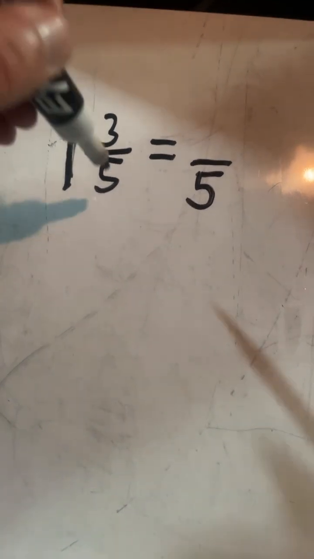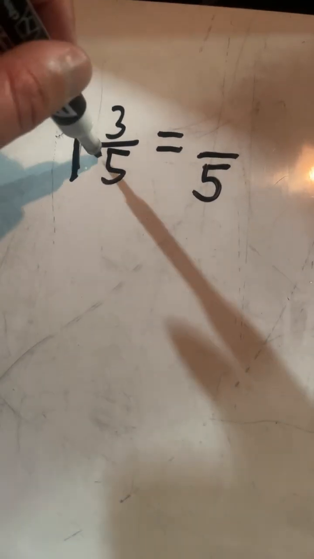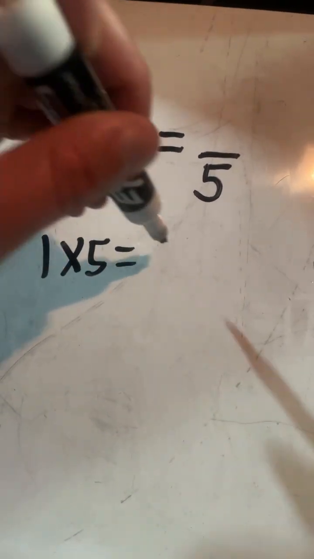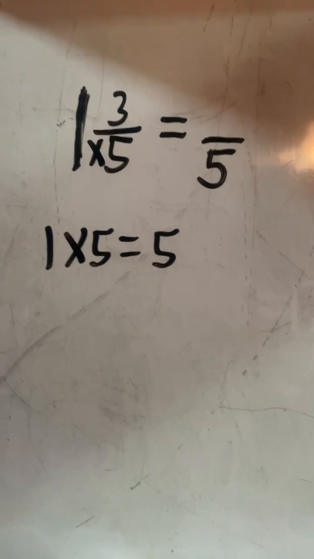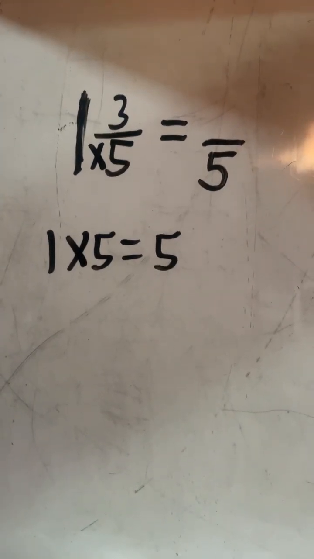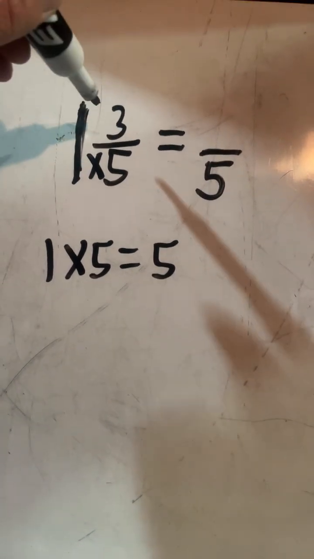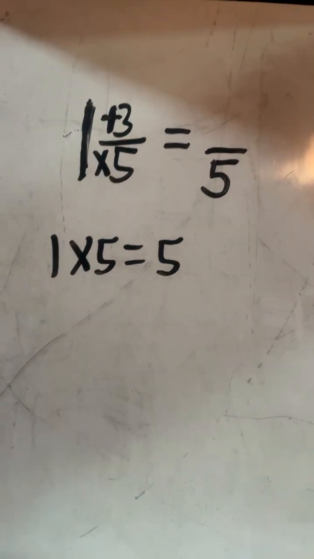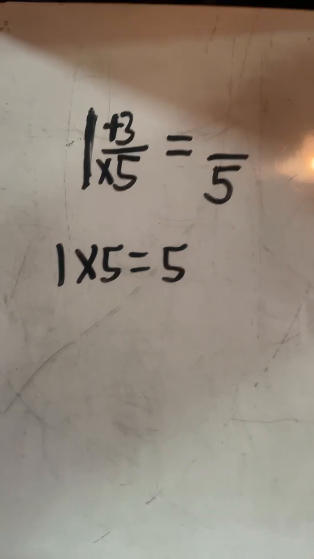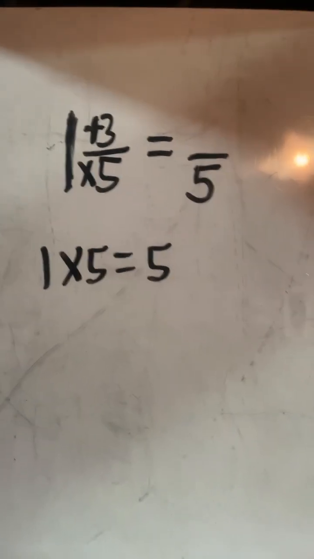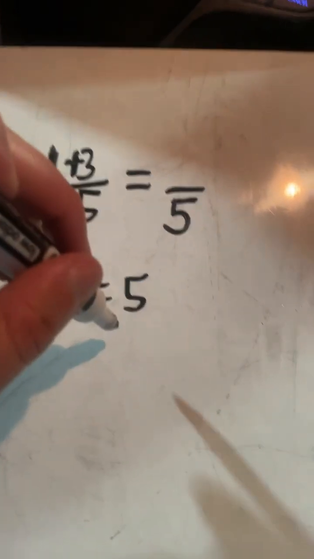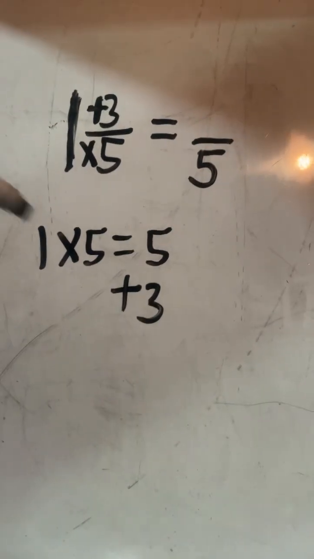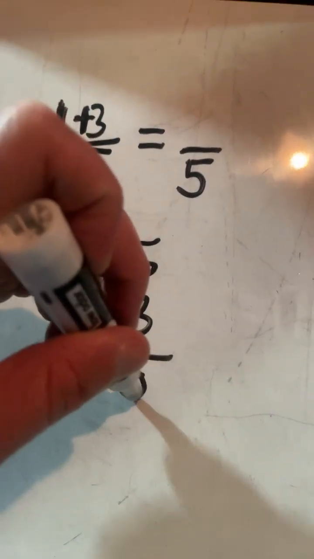Step two, we multiply the denominator times the whole number. So we're going to multiply 1 times 5. 1 times 5 equals 5. Next step, we add the numerator. So now we have to add 5 plus 3, which equals 8.